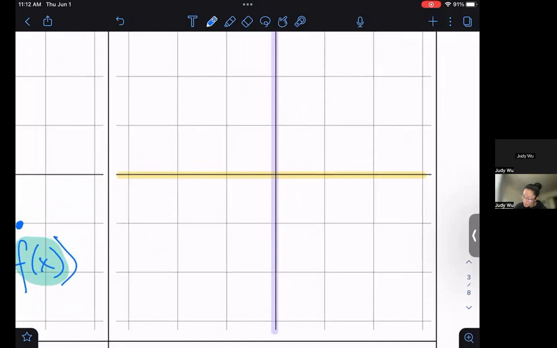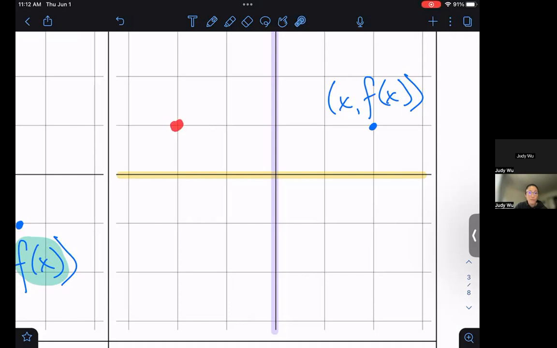So this time, let's choose this point. So this is x comma f of x. It's some x value, put it into the f function, we get a y value. And if we were to reflect it over the y-axis, the point would be here.